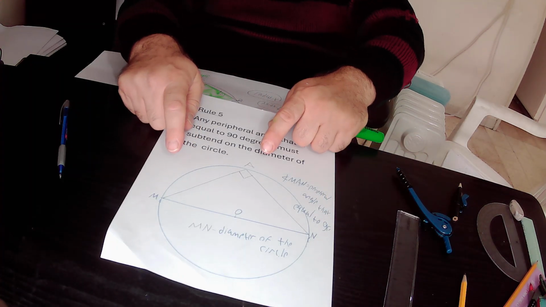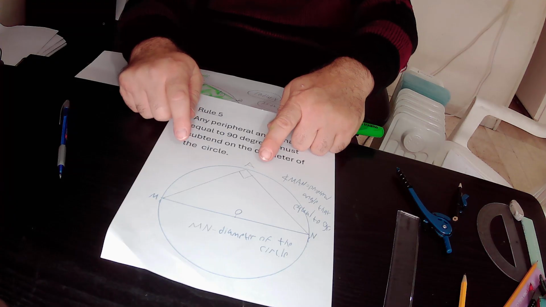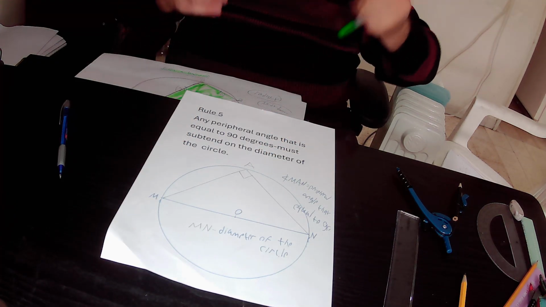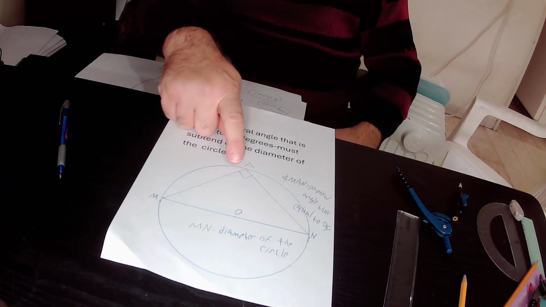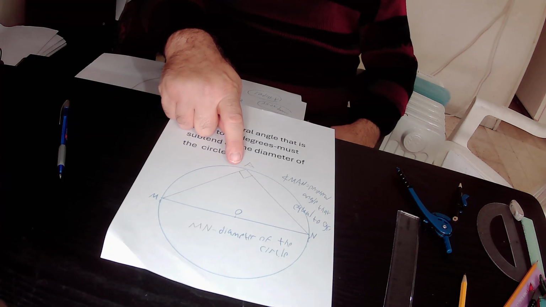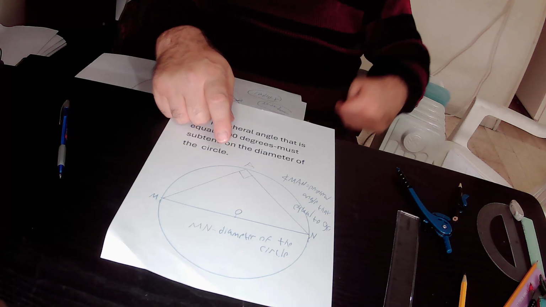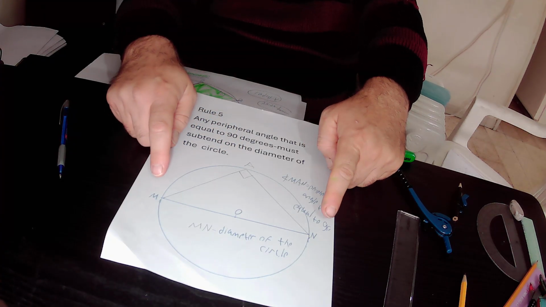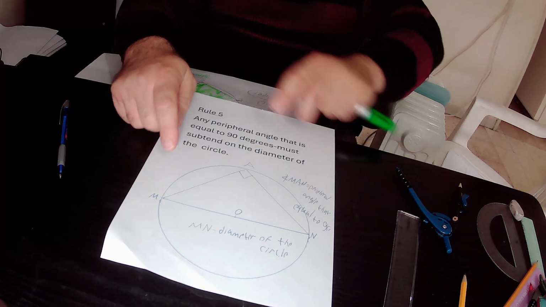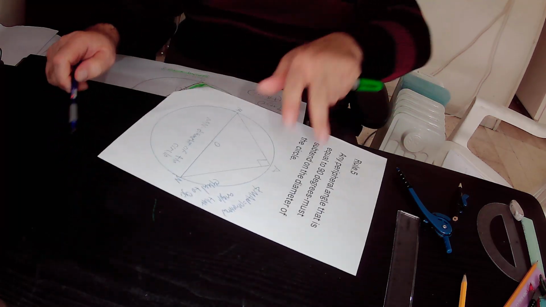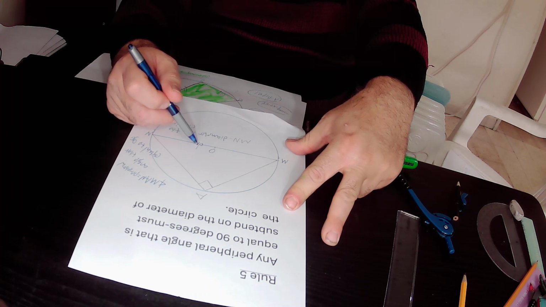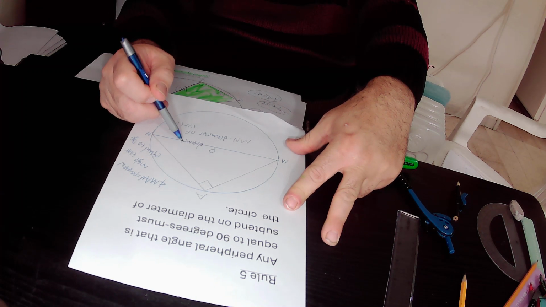Peripheral angle MAN is a right angle, equal to 90 degrees in size. Therefore, according to rule 5, it must subtend on the diameter of the circle, and indeed chord MN is the diameter of the circle according to what is given here.